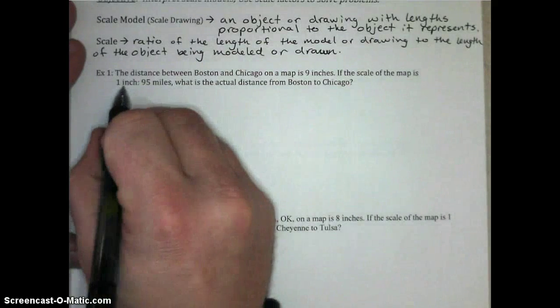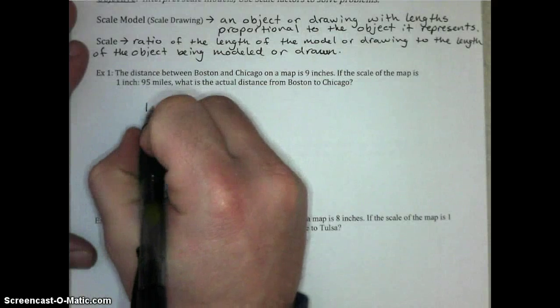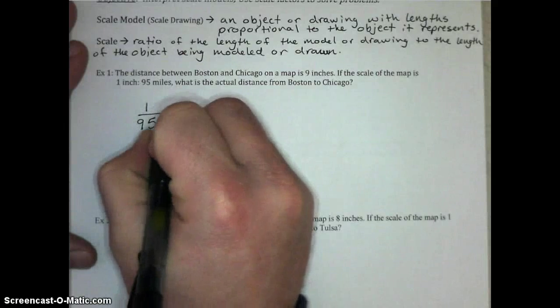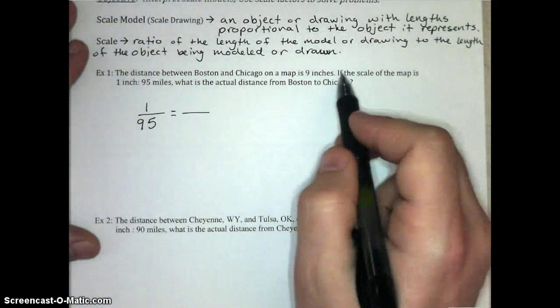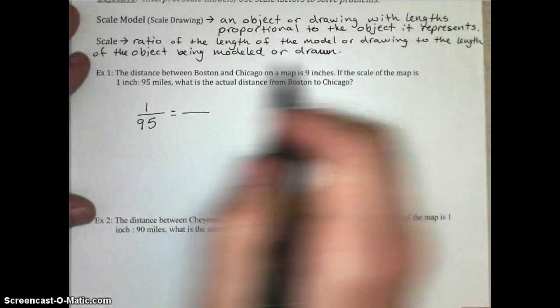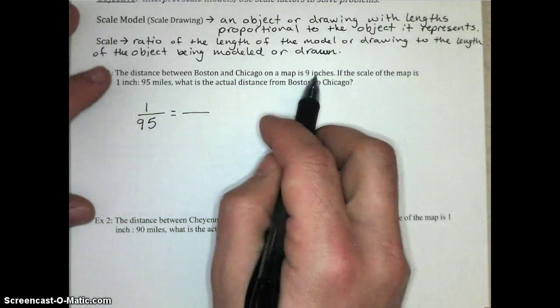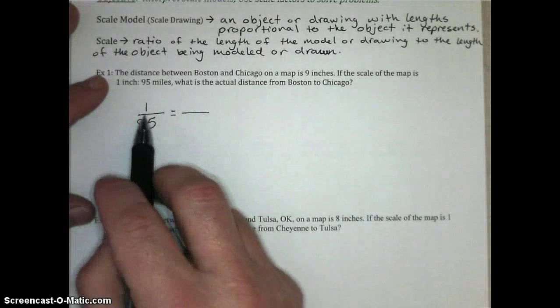So I'm going to start with taking that scale and writing it as a ratio in fraction form, 1 inch over 95 miles. You don't need to include units of measure. And that should equal the ratio of whatever measurement it is that we're using and trying to find. They give us the distance between Boston and Chicago on a map, which is in inches. So it's going to go in the same place in our ratio as the 1 did in its ratio.